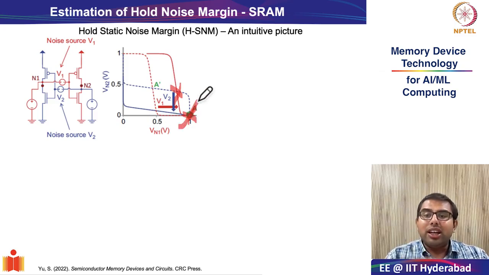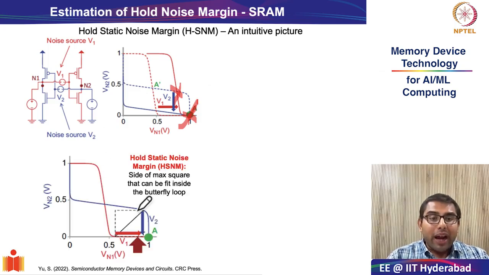So the question you try to ask is, what is the maximum value of V1 and V2 that you can apply such that the cell can tolerate this during the hold cycle? And that, of course, as you can imagine, is determined by the size of the maximum square.